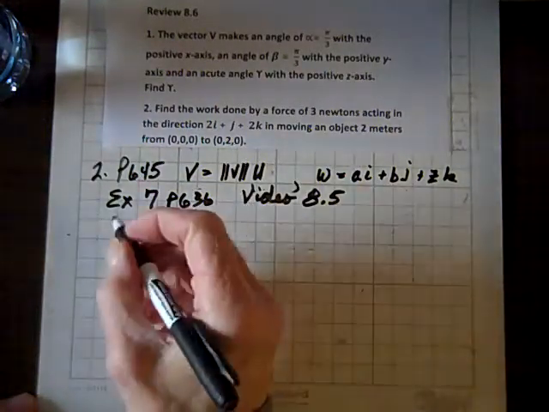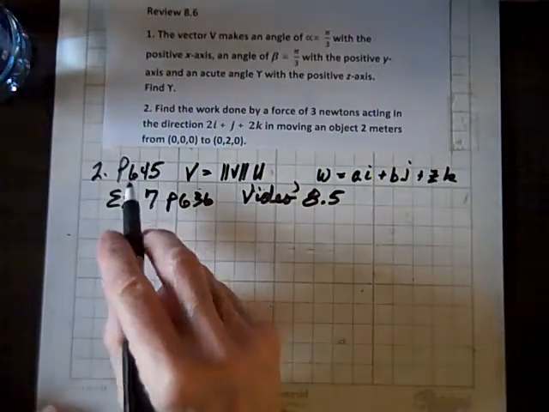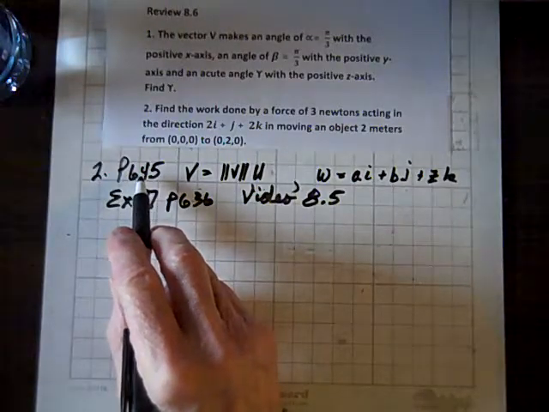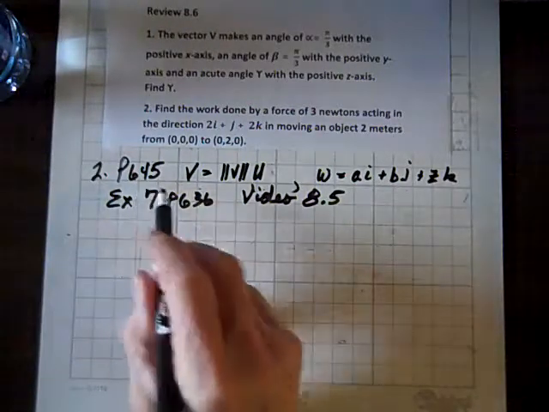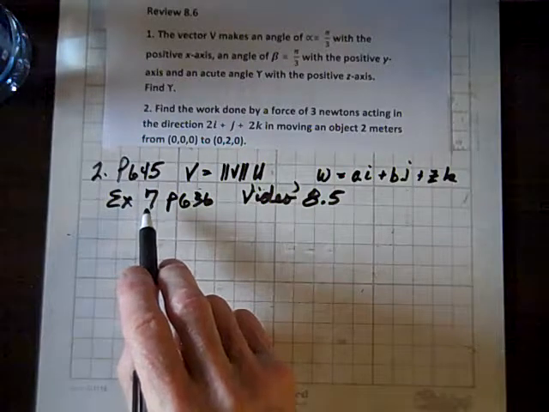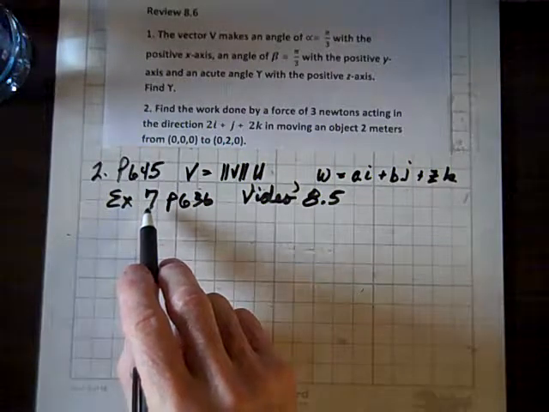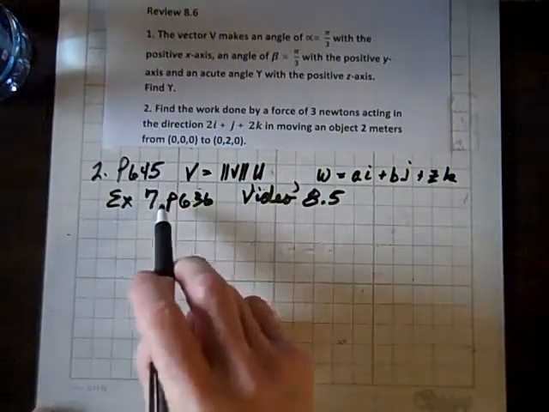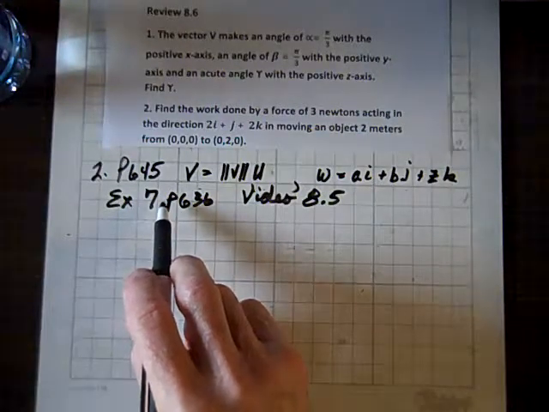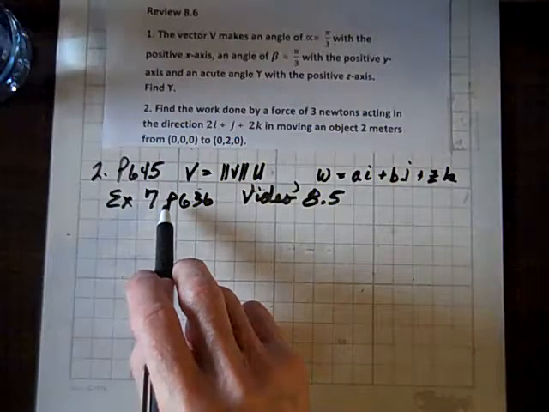The structure of this equation can be found on page 645, but we've already done this problem, except in just 2-space. In other words, using 2 dimensions, i and j.